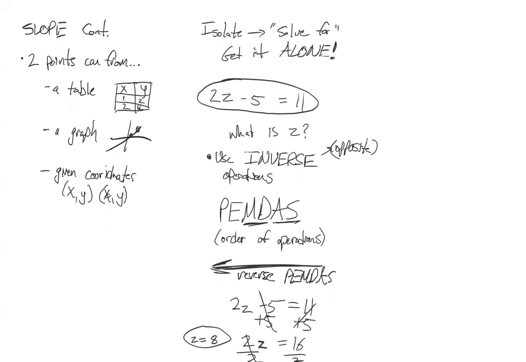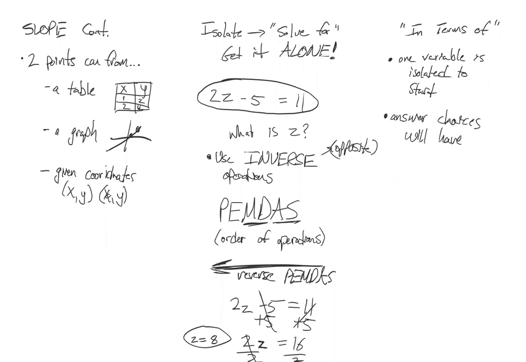The difference that we'll see with some of them, though, is that you'll have it with only variables, and we call those "in terms of" questions. In those questions, one variable is isolated to start, and yet the answer choices will have a different variable isolated.